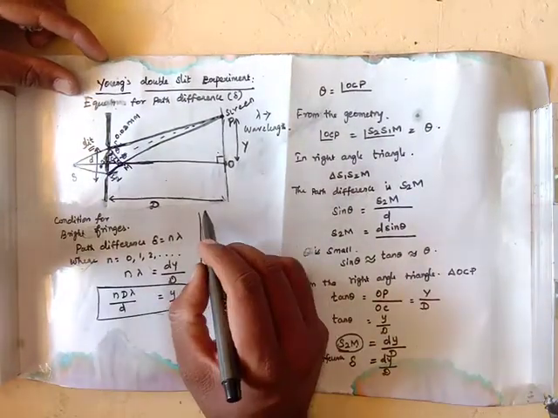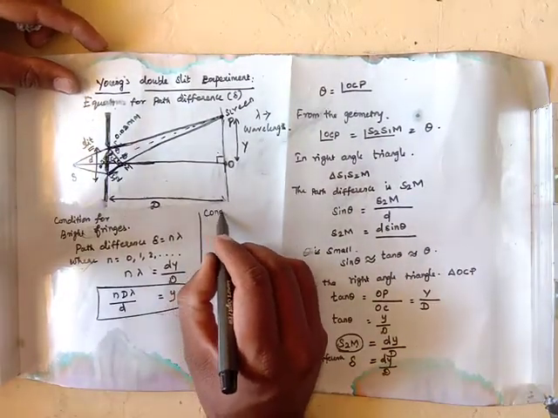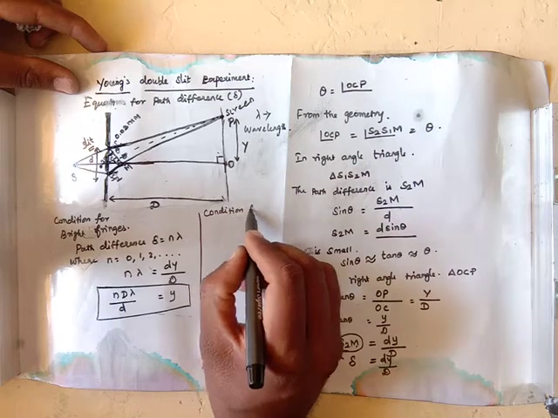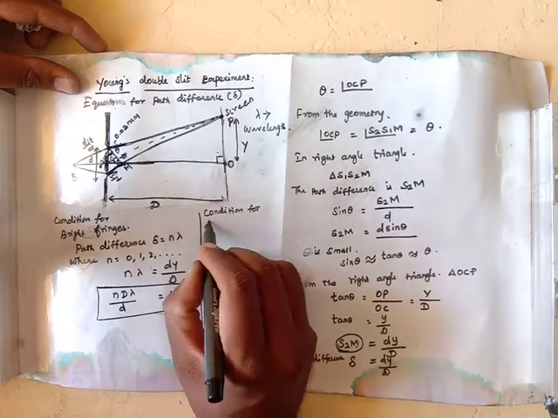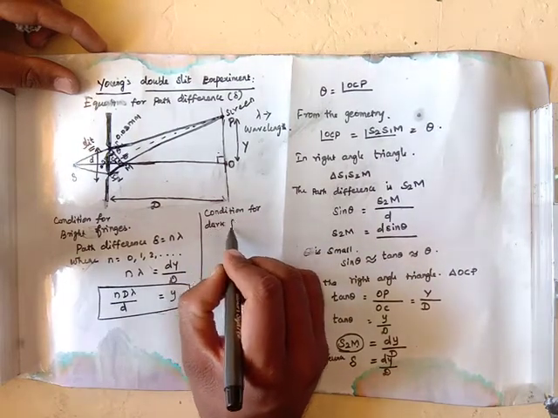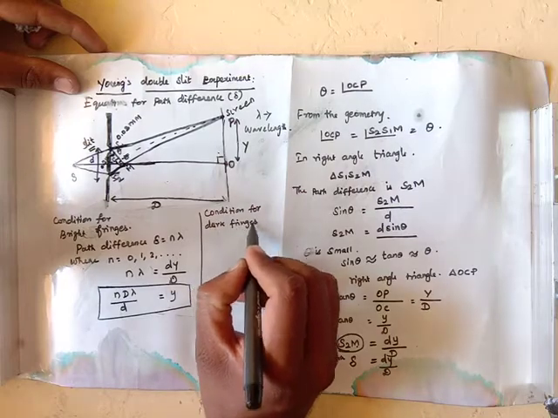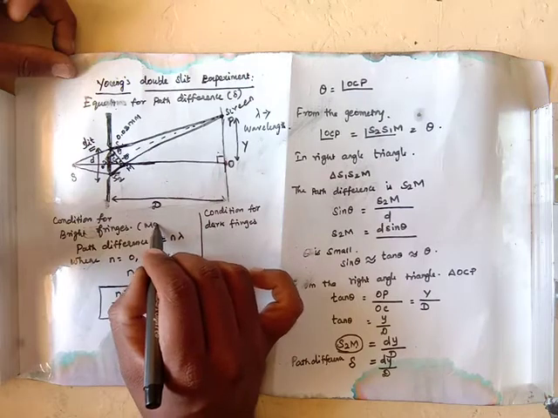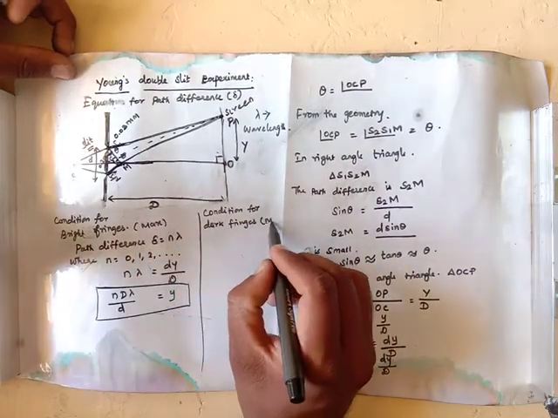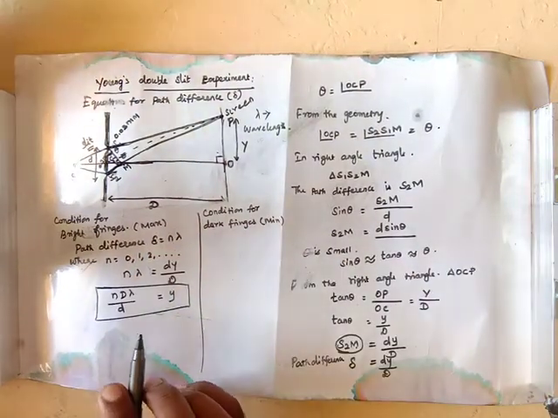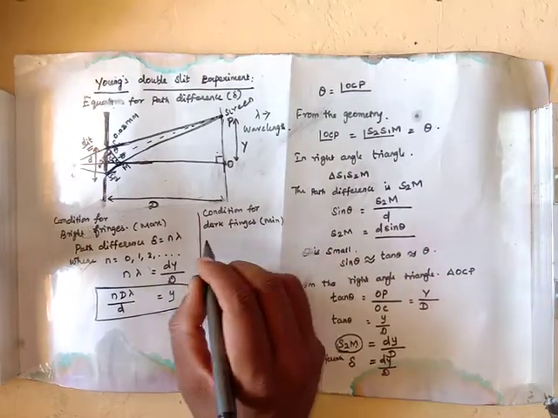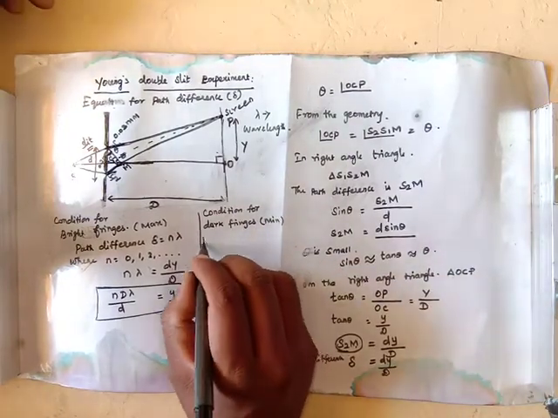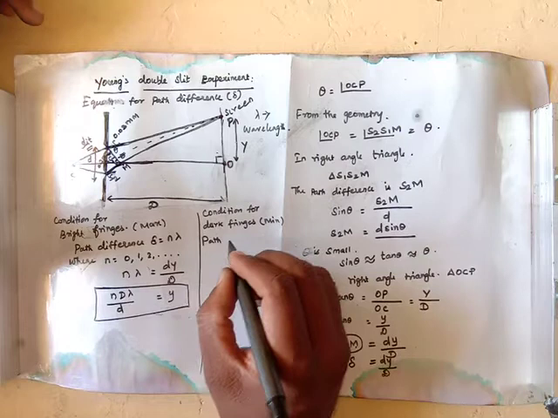Next, the condition for the dark fringes. What is the meaning of bright and dark? Bright fringes mean the intensity is maximum, and dark fringes mean the intensity is minimum. Already you know the formula for the dark fringes.